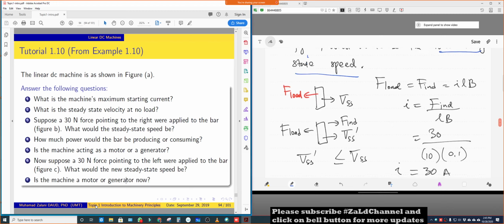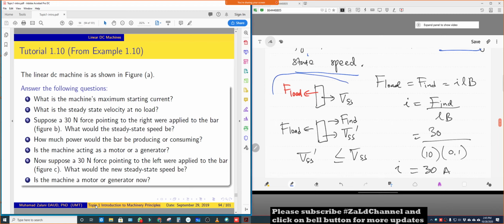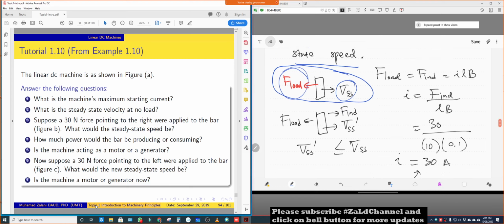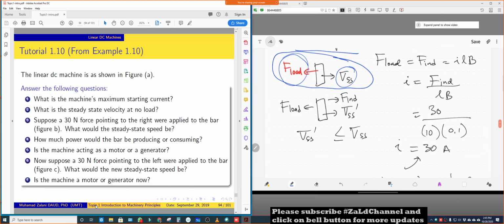In this illustration, we have VSS as the initial steady state speed. Then we apply F load, and after some time it achieves VSS prime. At that instant, the induced force vector equals the load force vector.